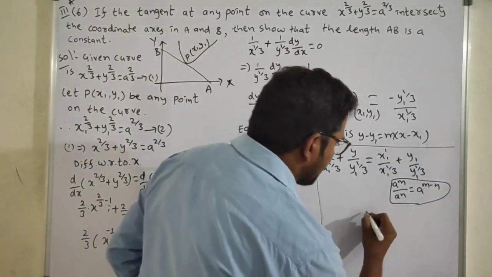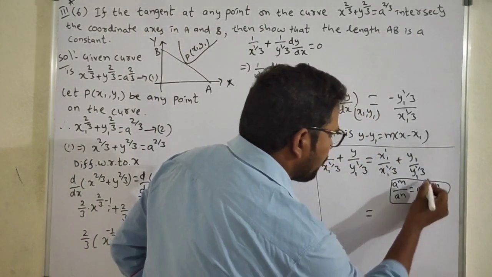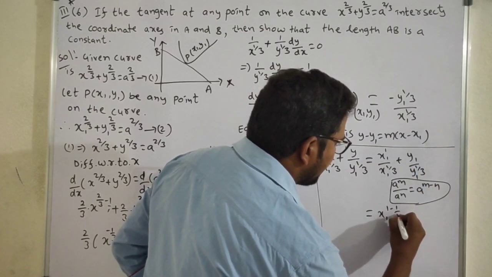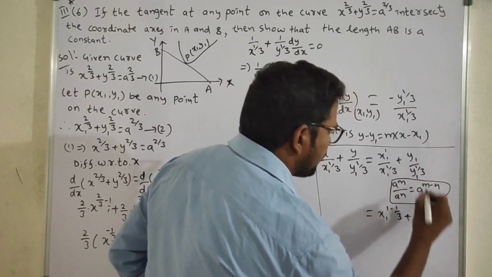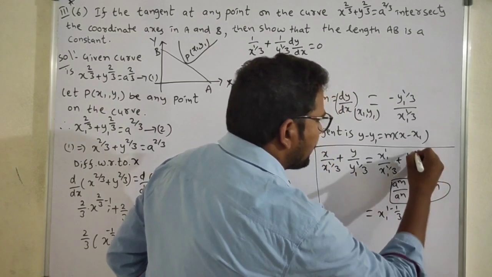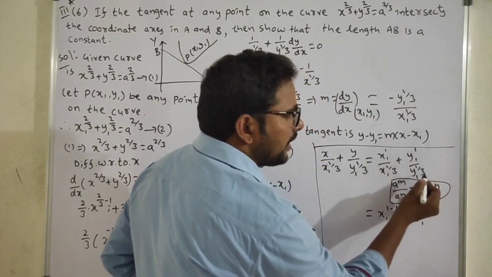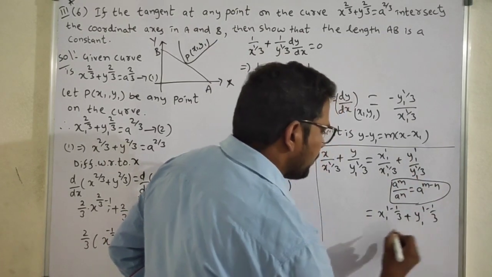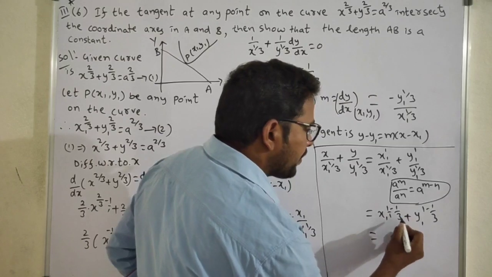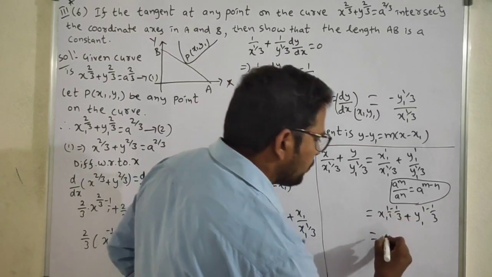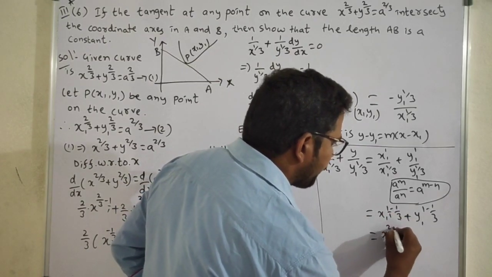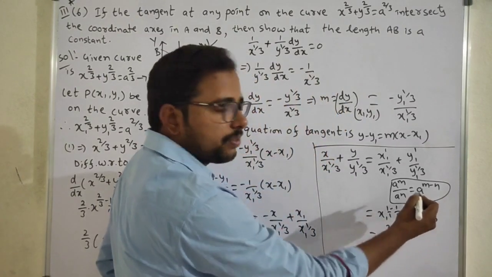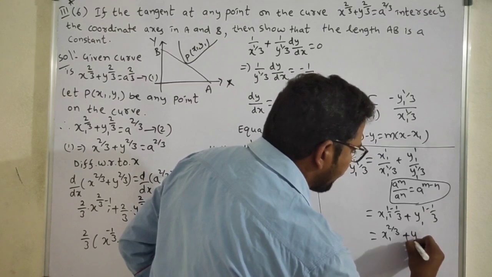So the RHS becomes x1 power 1 minus 1 by 3 plus y1 power 1 minus 1 by 3. Here m is 1 and n is 1 by 3, so 1 minus 1 by 3. LCM is 3: 3 minus 1 is 2. So x1 power 2 by 3 plus, here also the same, y1 power 2 by 3.